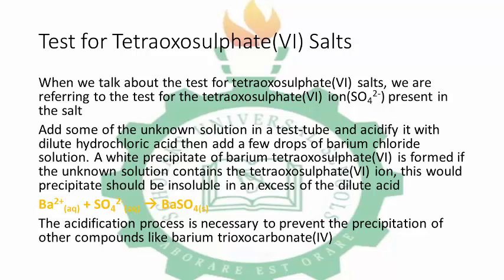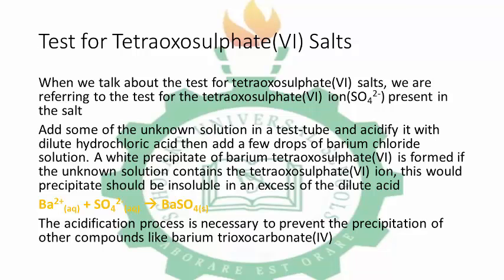So for you to confirm that it is a tetraoxosulphate(VI) salt, add excess dilute hydrochloric acid. If the precipitate still remains and does not dissolve upon addition of the excess acid, then you are 100% sure that the salt is a tetraoxosulphate(VI) salt and not any other salt. Now I come again. You have an unknown compound.